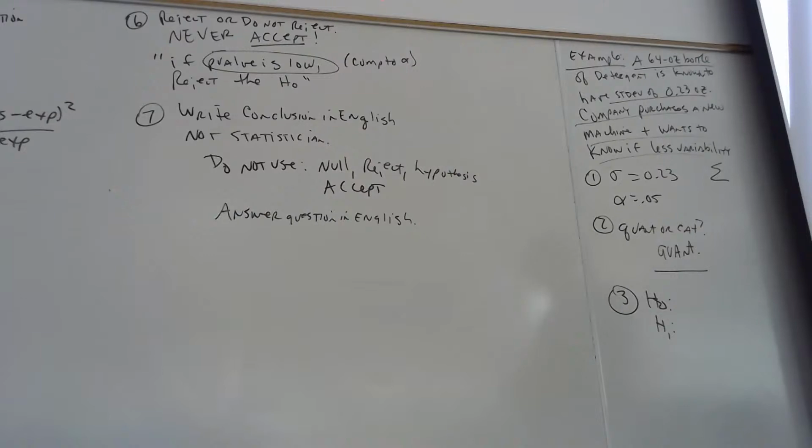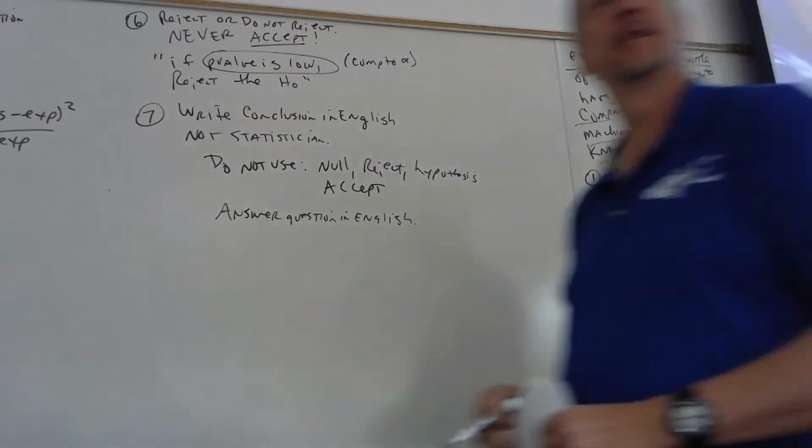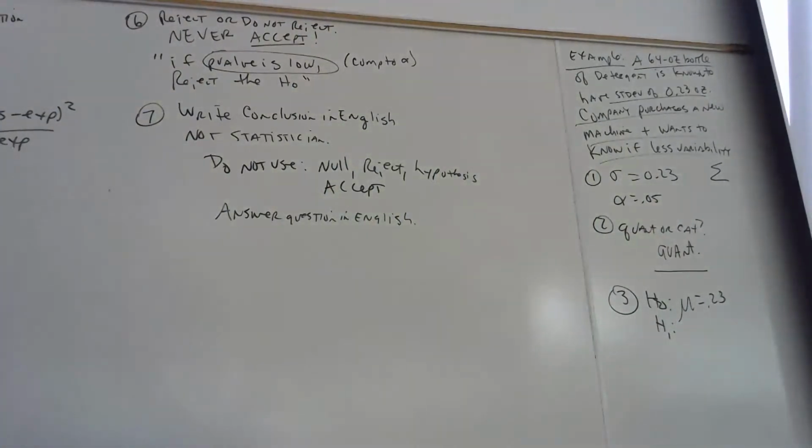Would be mu equals 0.23. Mu equals 0.23. So Allie phoned her friend Dylan. Do you agree with that? Allie? She does. I wish she had disagreed.